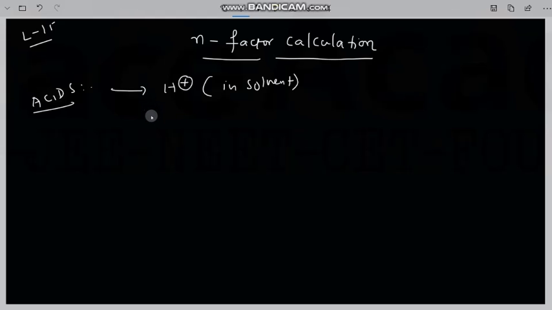That means n factor is nothing but the number of H+ ions. What is the number of H+ ions replaced by 1 mole of an acid in a solution?